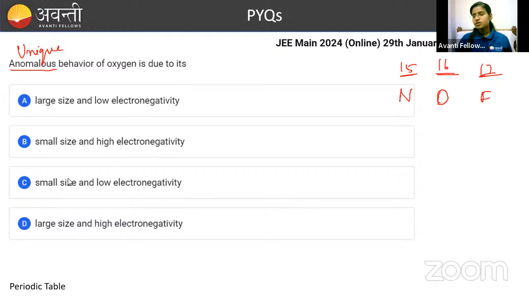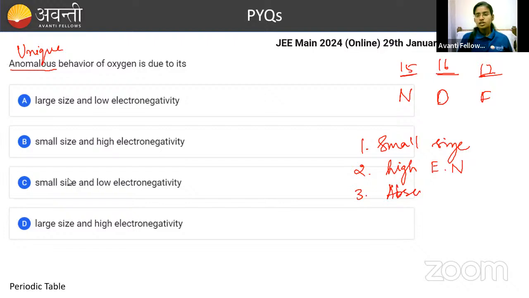I'll tell you. The three reasons are: the first is small size. The second is high electronegativity. The third is the absence of d orbitals.